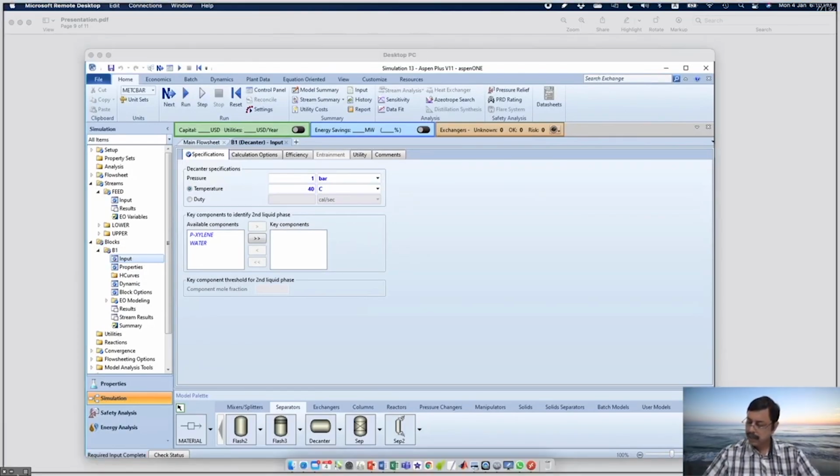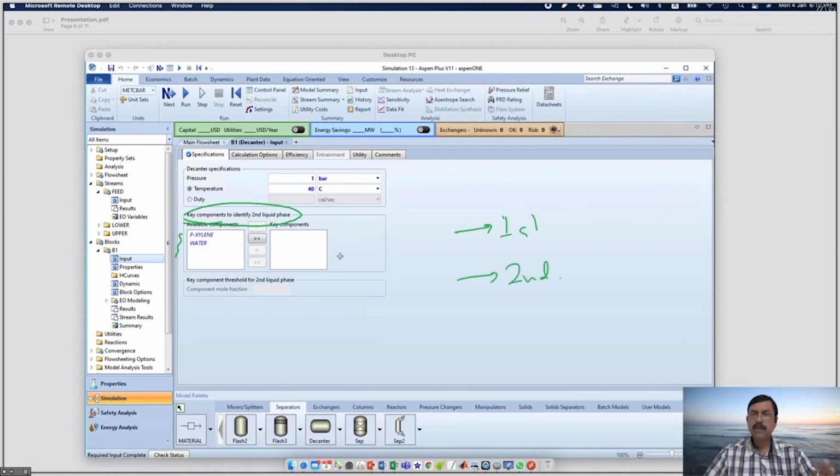Now here you have the option to choose the key component. This is the key component to identify second phase liquid. Now we have two options, paraxylene and water. In normal case, if you do not select anything, then the lighter component will go to the first phase liquid, heavier component will go to the second phase liquid.